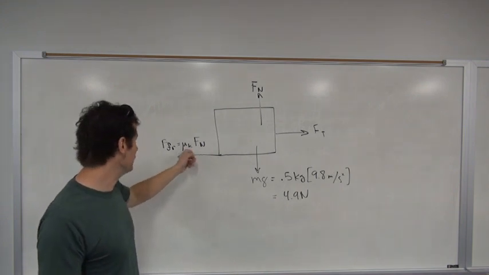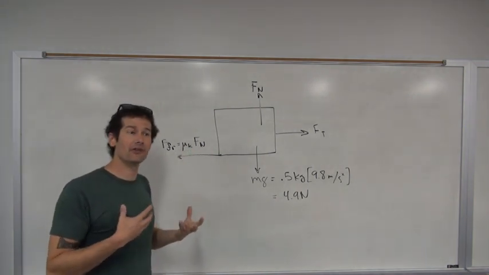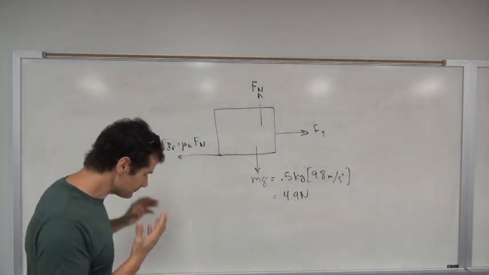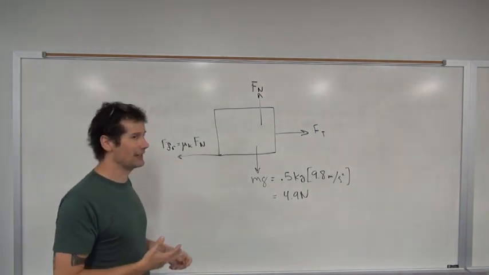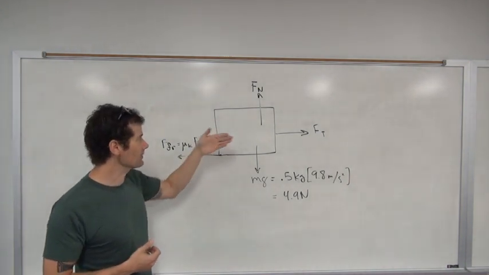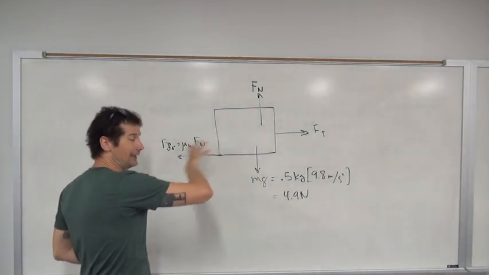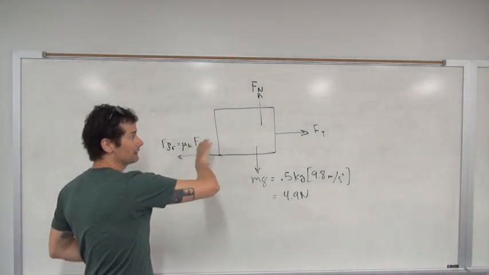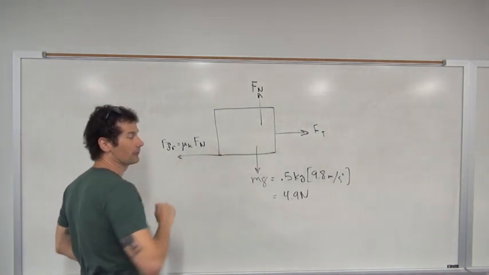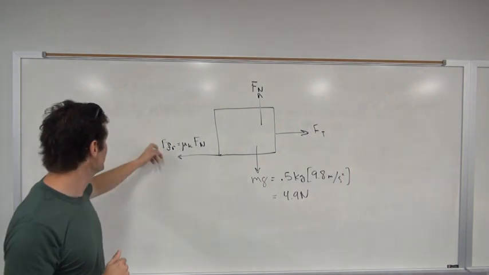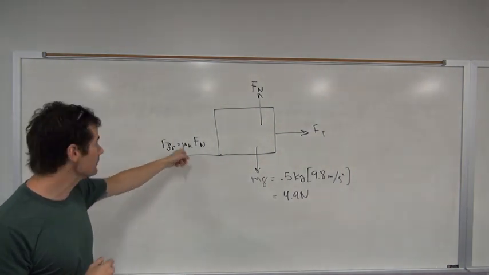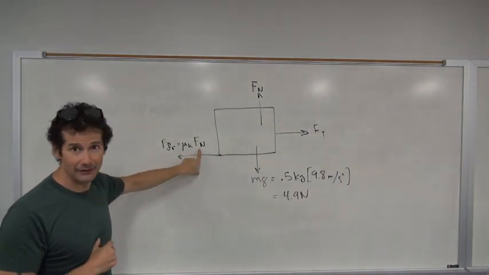The coefficient of friction just gives us a proportion of that normal force that occurs once we start sliding in positive motion, with the block going to the right, and that tension force has to equal the friction force, which is mu k times Fn.